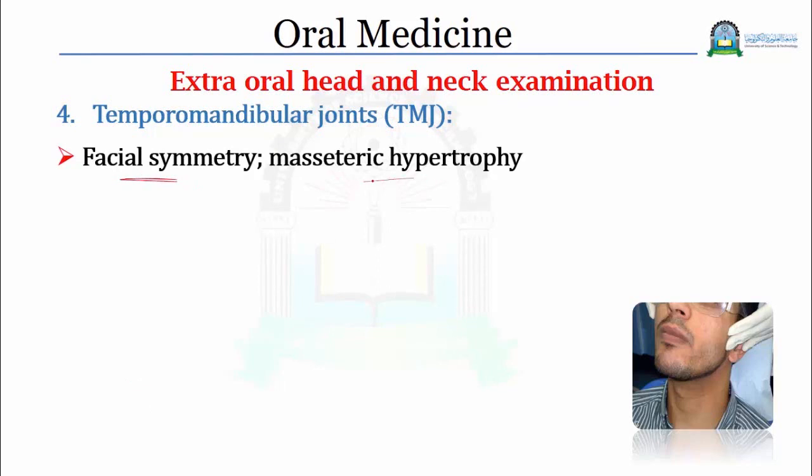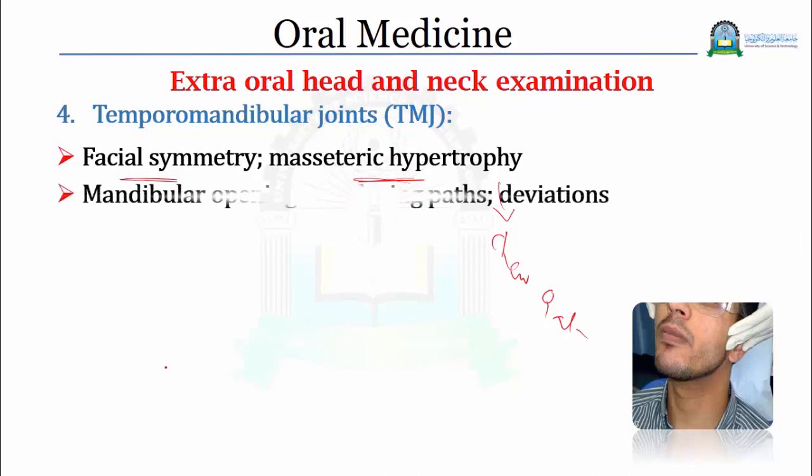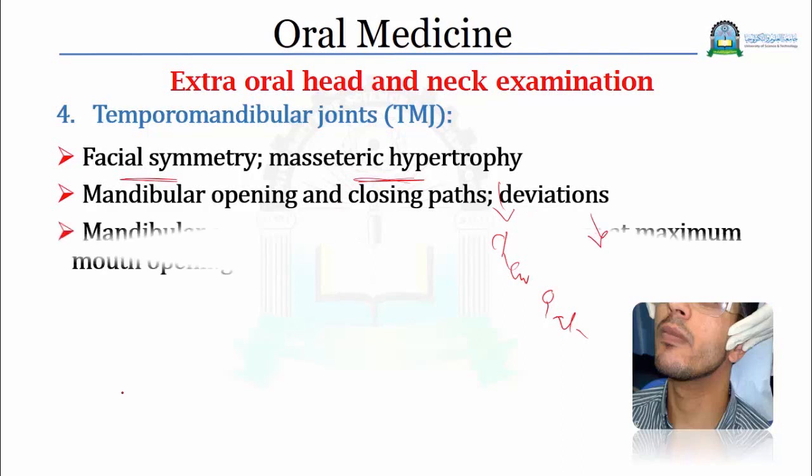Or masseteric hypertrophy: when the patient chews for a long time, masseteric muscle hypertrophy may develop. Mandibular opening and closing paths: you need to instruct your patient to open and close the mouth many times, so you will detect if there is any deviation to the right or the left side.